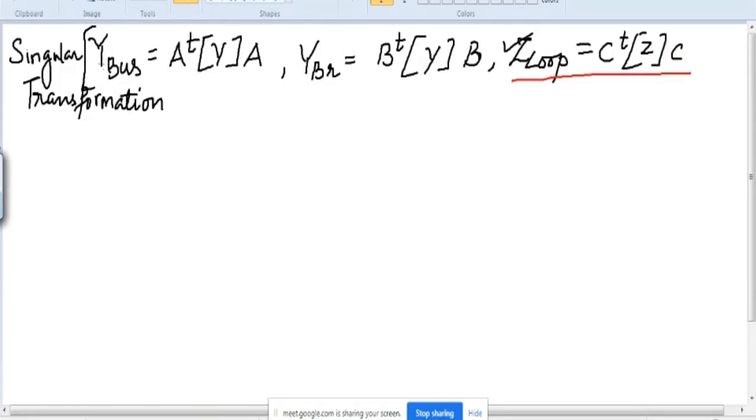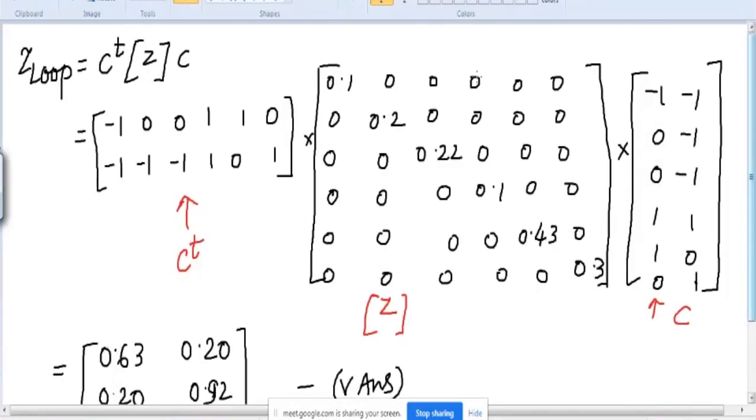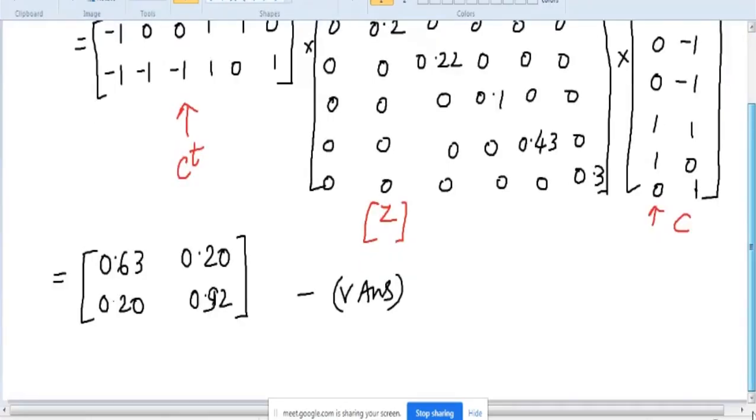But let us go with the sequence: Y bus first, that is A transpose YA, then YBR, and then Z loop. In this problem Z loop was asked, so that's why we calculated Z loop. Now the previous problem is over with the Z loop itself. Now let us calculate the other two.